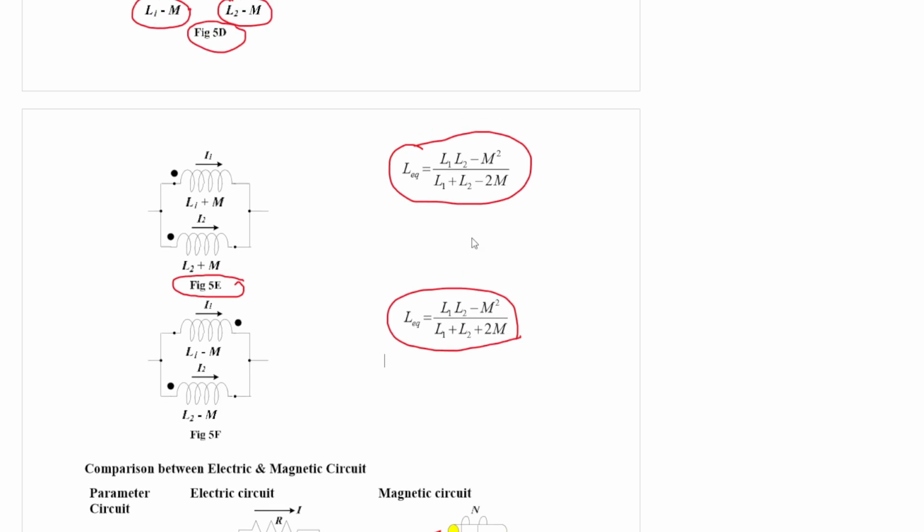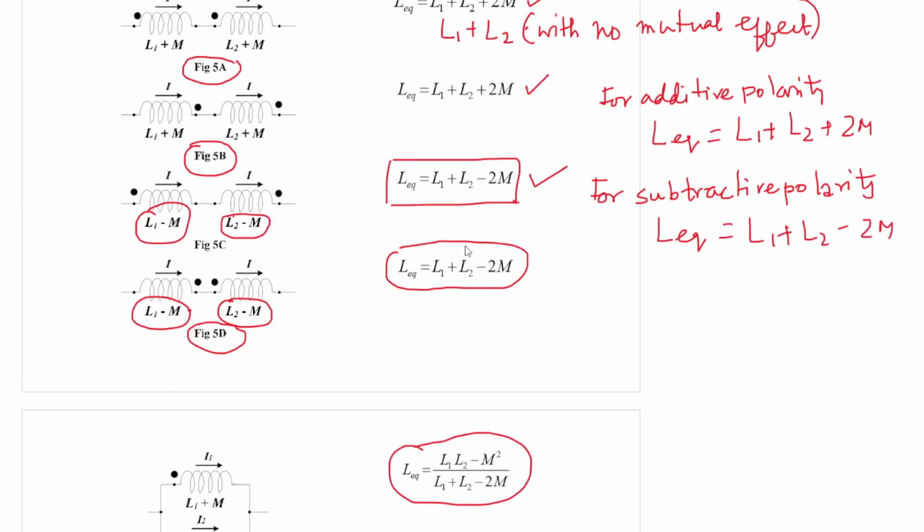So if you consider closely, for series connection of inductance, if you don't consider the mutual effect, it is only L1 plus L2, as we have found in case of a resistor.